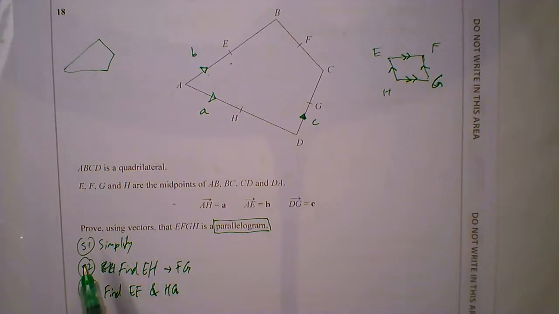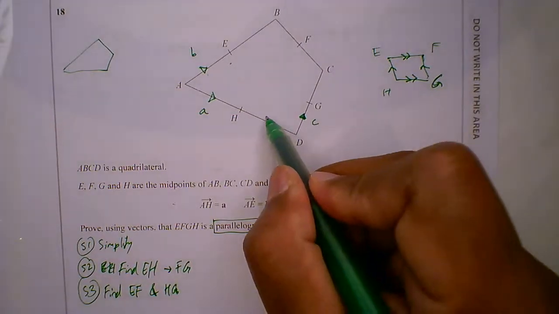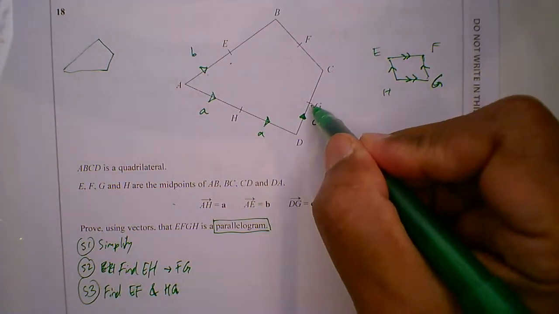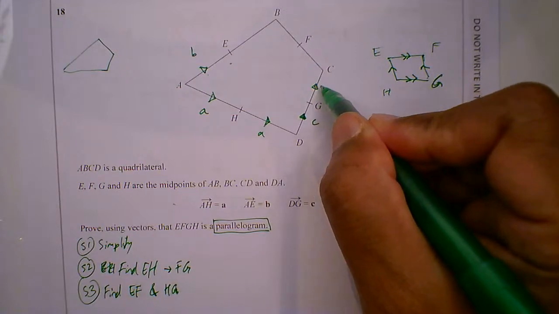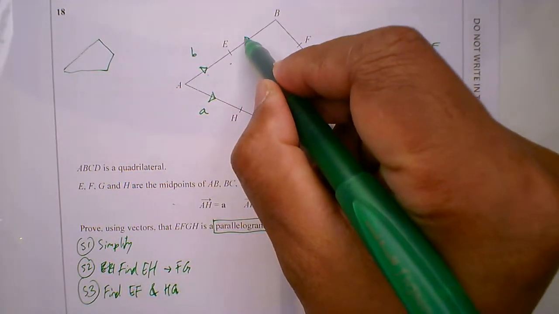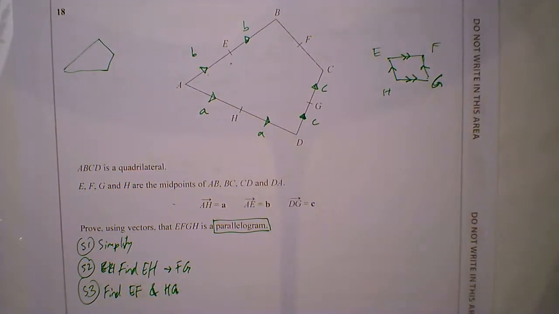Let's carry on with this information. AH equals a, so because H is the midpoint, this is also a. G is the midpoint, so this is also c. And E is the midpoint, so this is also b. I hope that's okay.